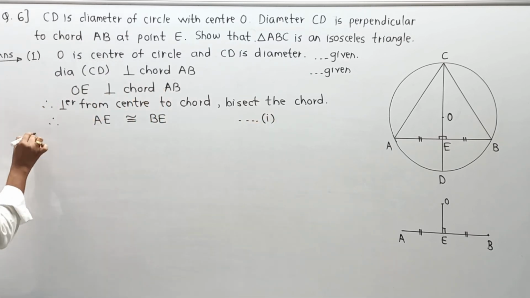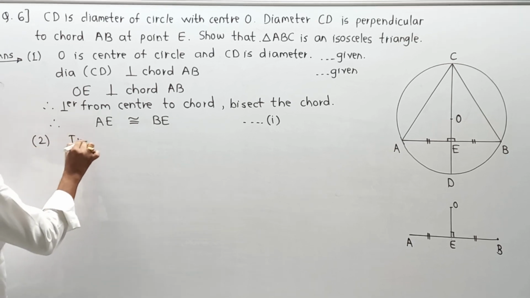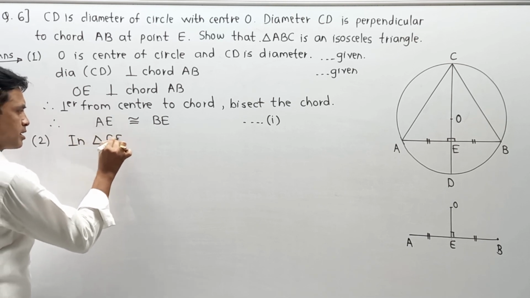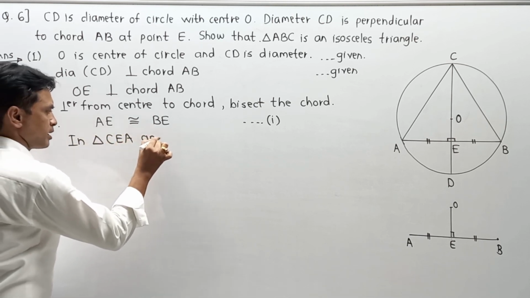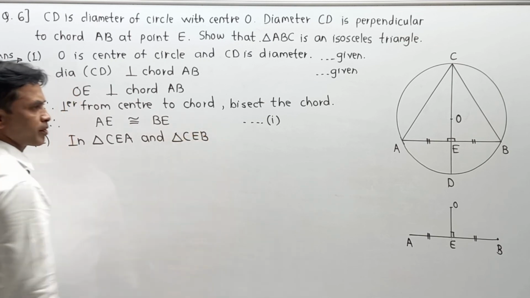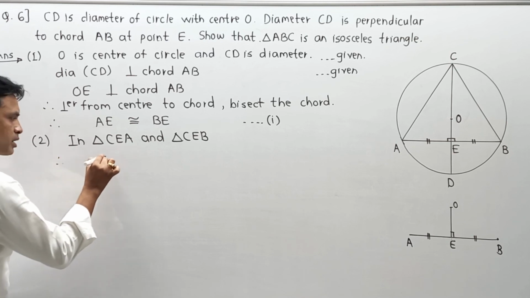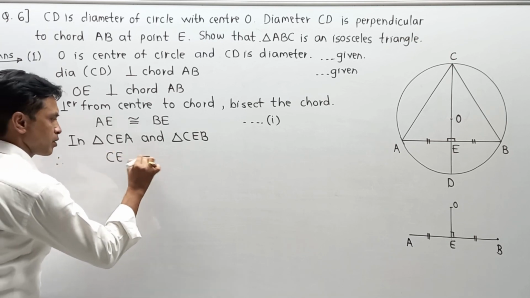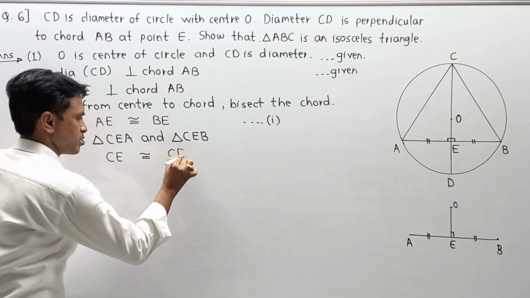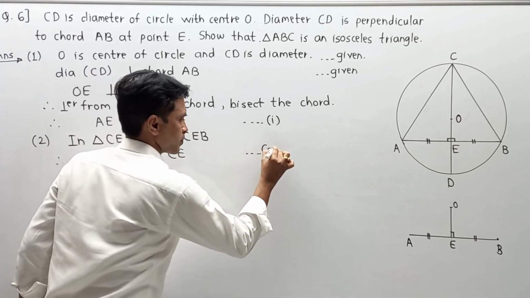Now in the second part, in triangle CEA and triangle CEB, one by one. CE is congruent to CE, a common side.